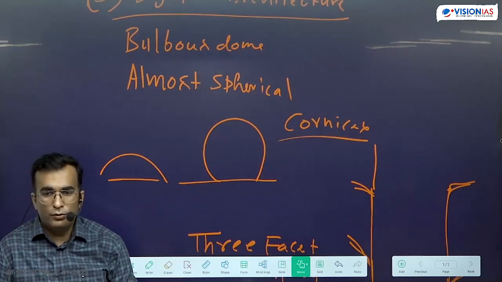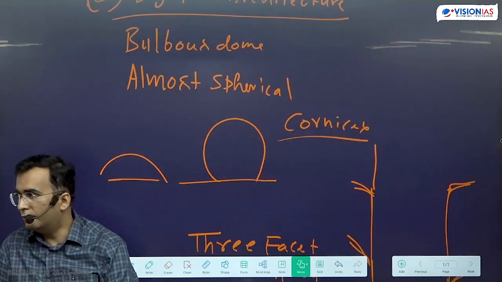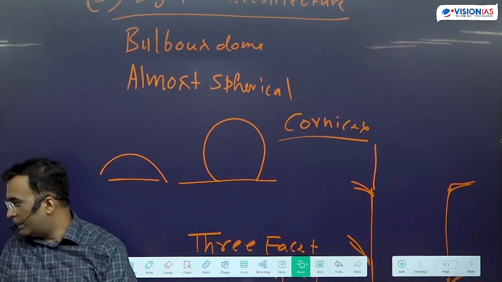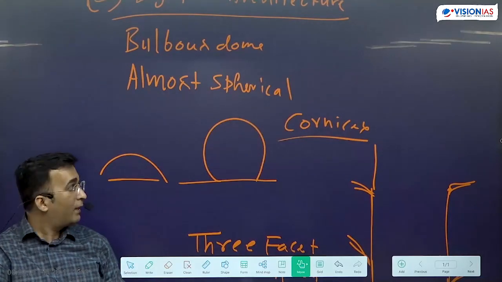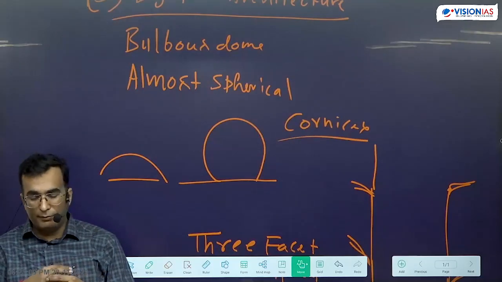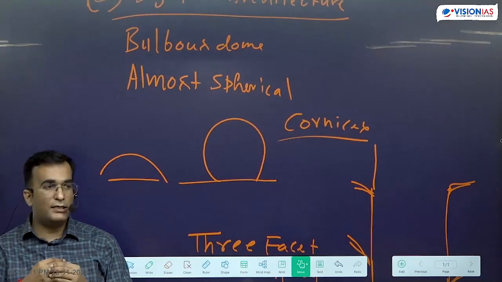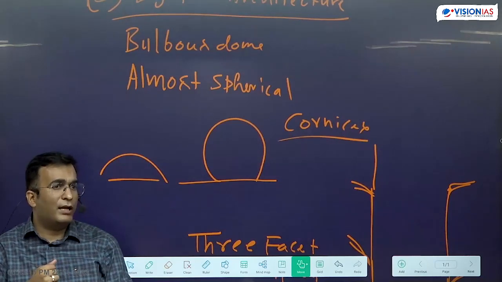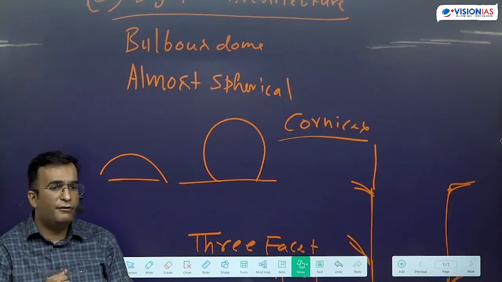They also created cornices in their buildings, and 3-facet arches.